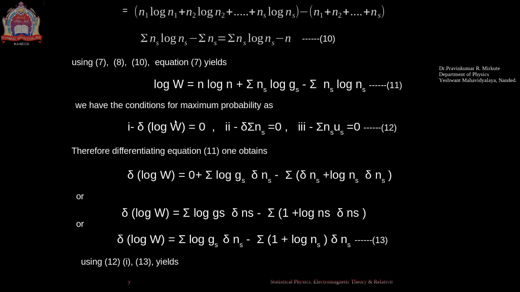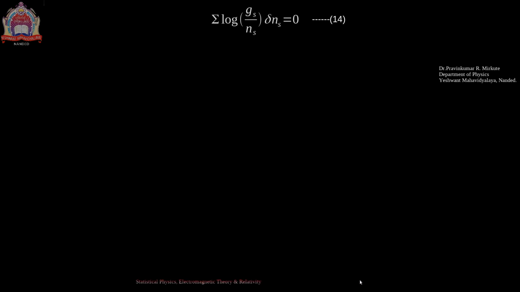Using equations 12 and 13, that gives summation log gs minus summation log ns del ns minus summation del ns is equal to 0. So we get the summation log of gs by ns into del ns is equal to 0.